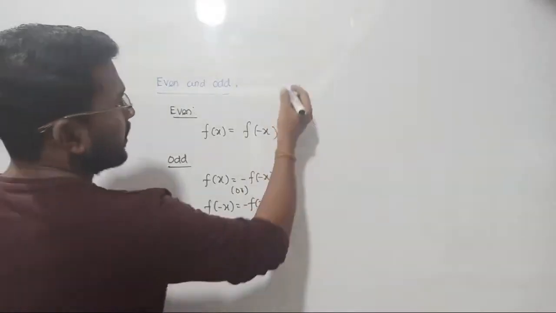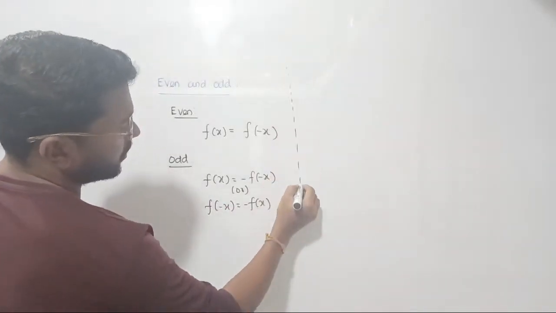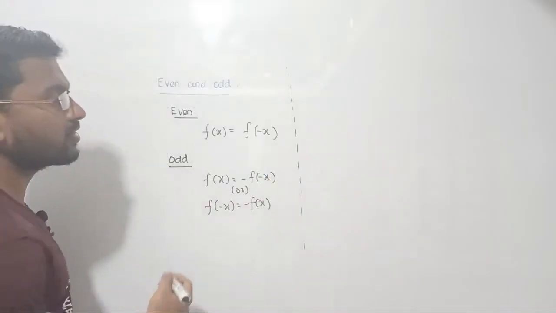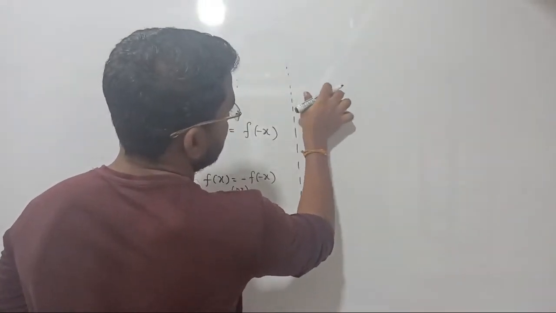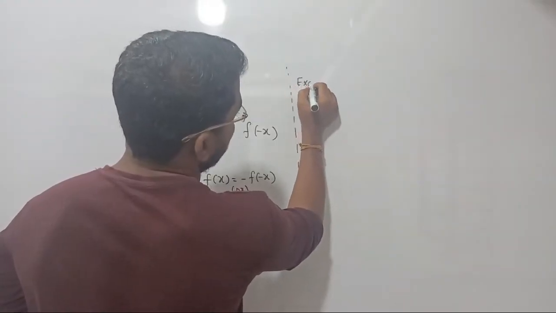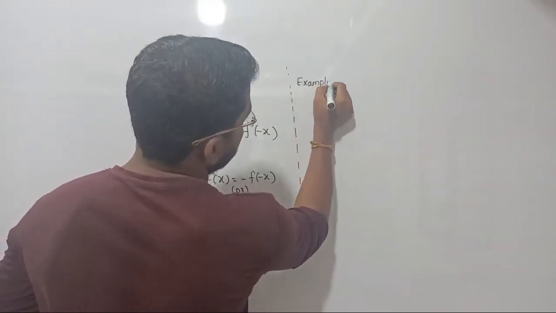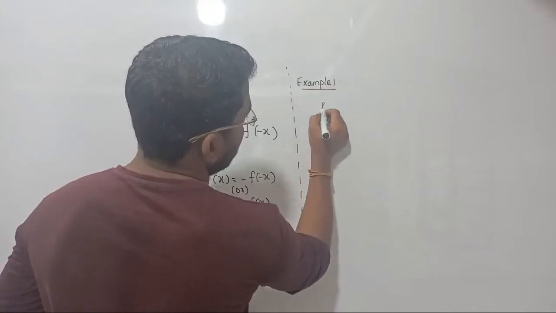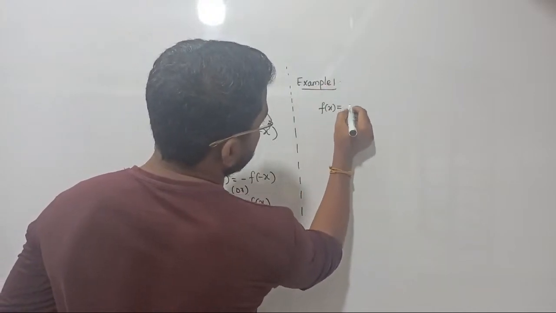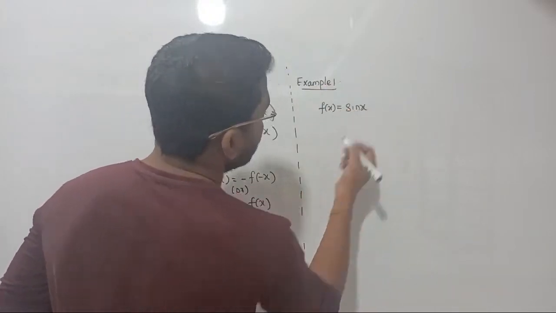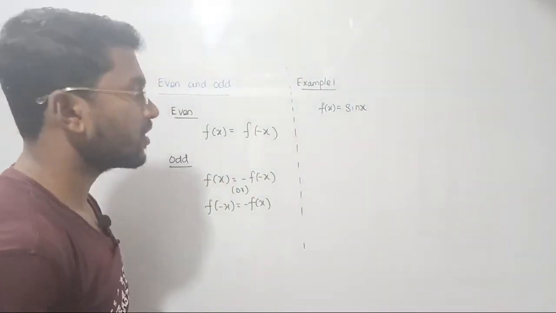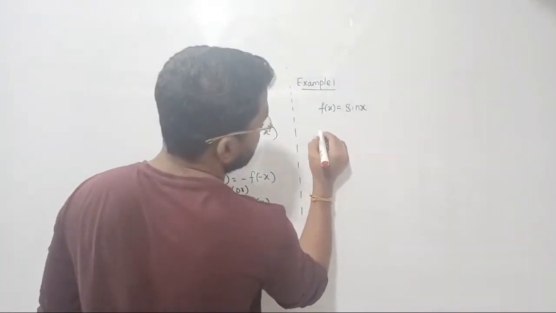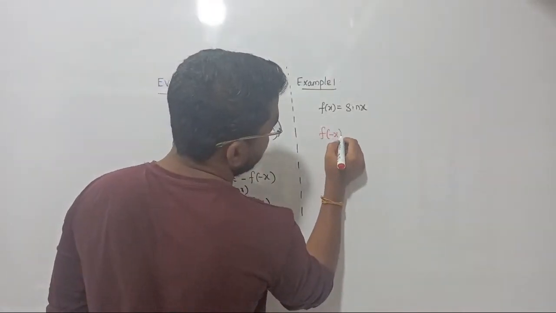Now if I select our trigonometric variables, we all know, when we select sin x for example as a function, let us discuss example number 1. I am selecting f of x equal to sin x. If your function is an odd function, then what will be the resultant? If f of x is sin x, then what will be the value of f of minus x?